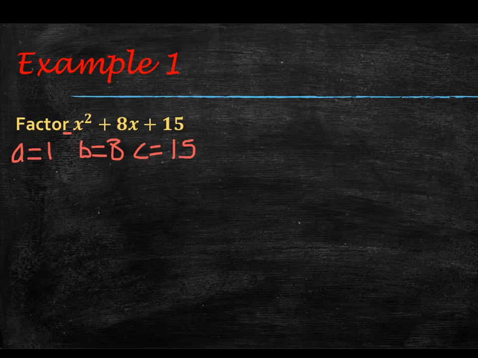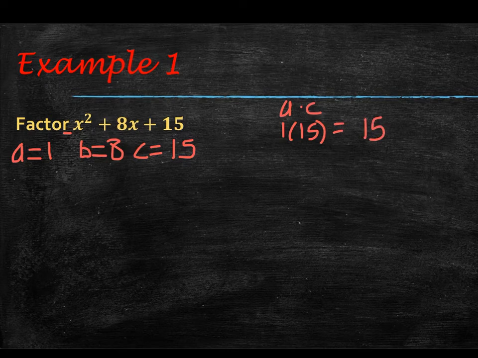The first thing you're going to do is multiply your a times your c. So 1 times 15 is equal to 15, and we're going to make that chart with 15. We're going to make a little t-chart, and now you want to list all your factors of 15.